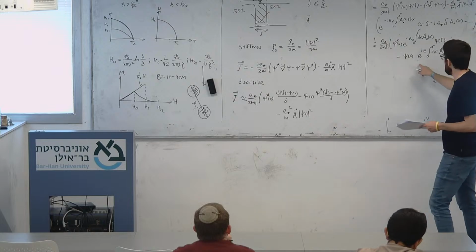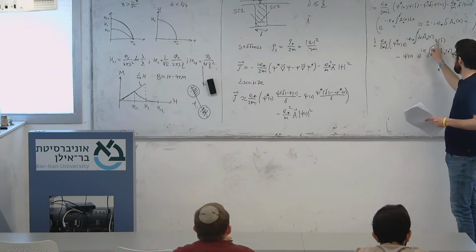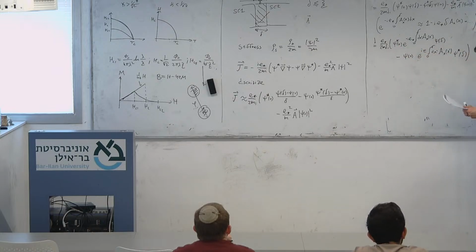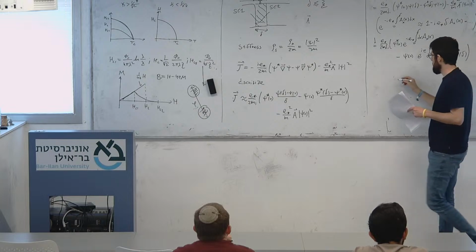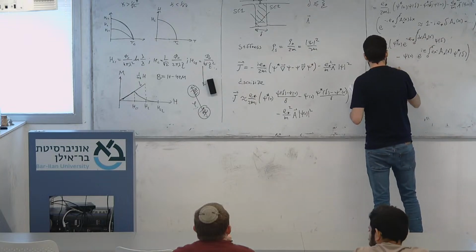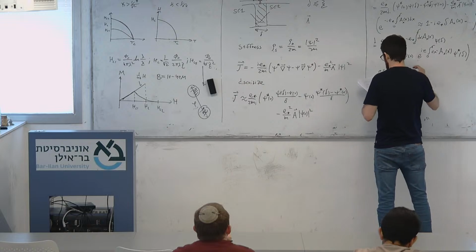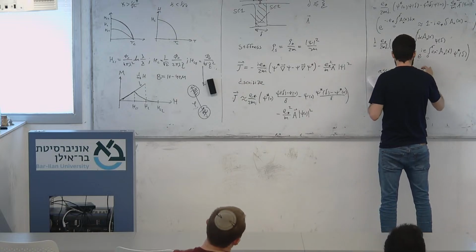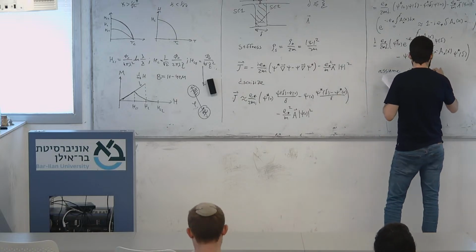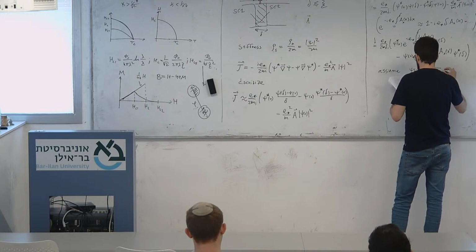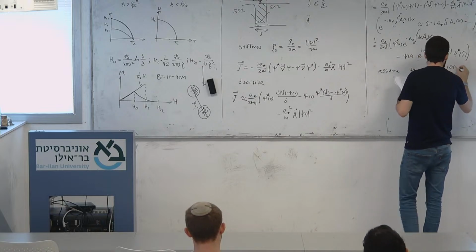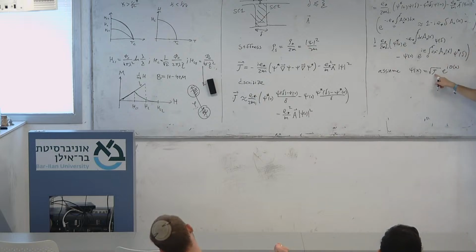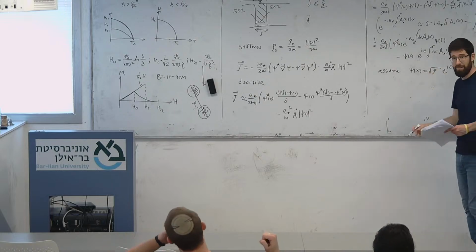But the nice thing about this is that now I can assume psi of x is equal to square root of rho e to the i theta of x, and we're going to neglect variations in rho, although they exist.